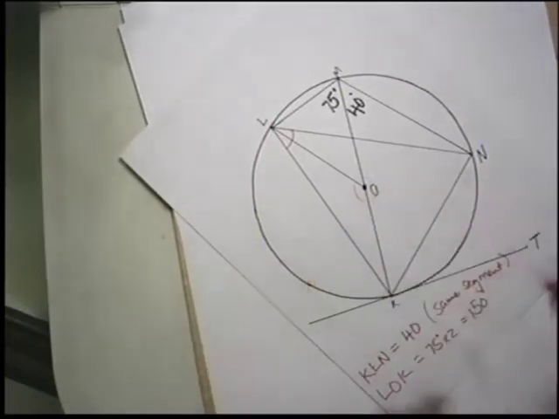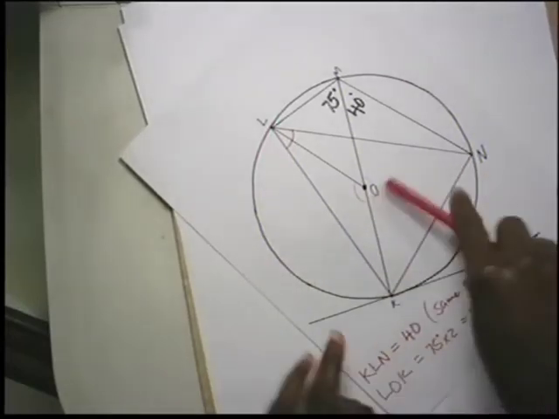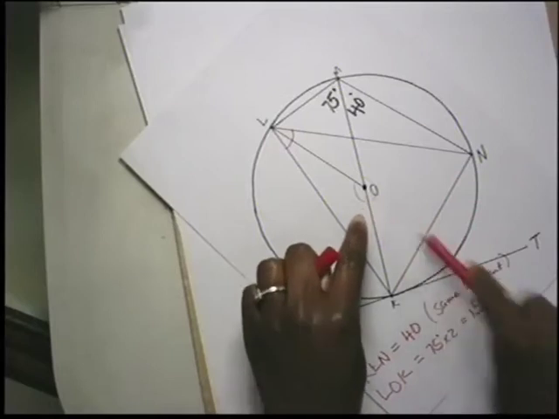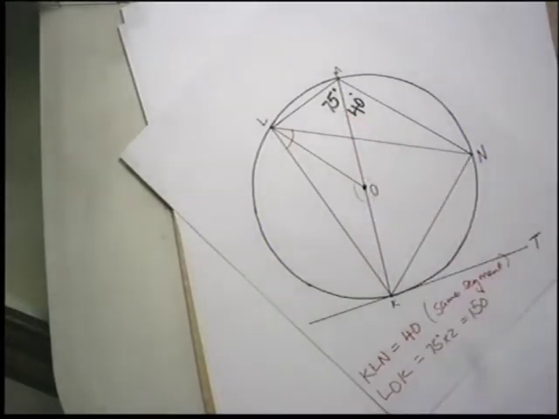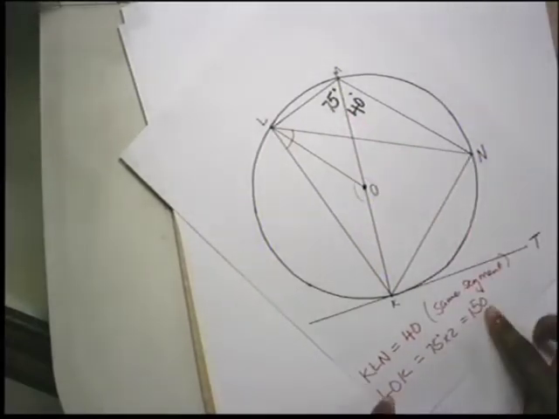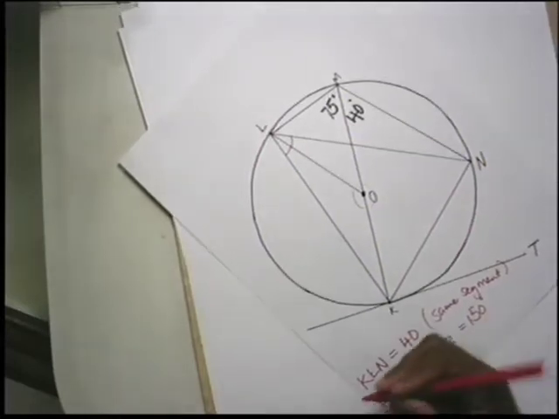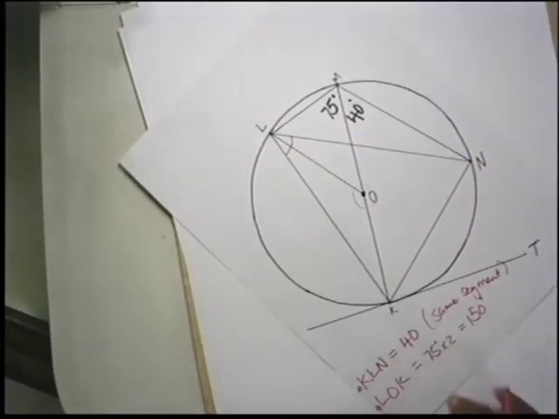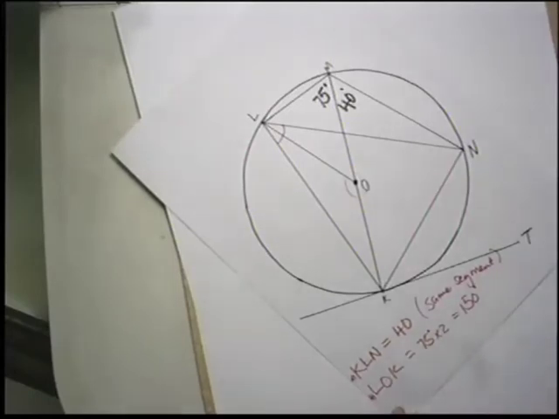The angle here is 150 degrees. The reason is the angle at the center is twice the angle at the circumference. Okay, so that angle is 150 degrees. This is A, this is B. Okay, let's move on to C.